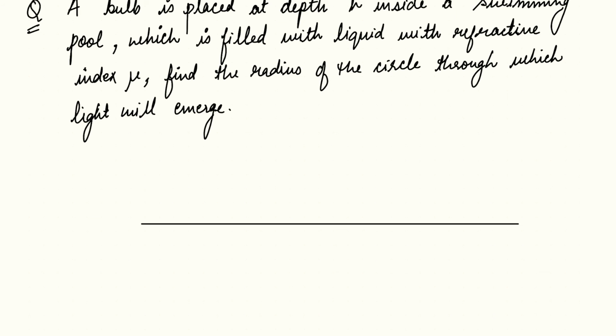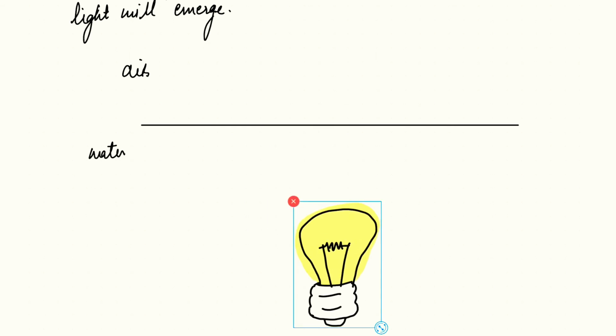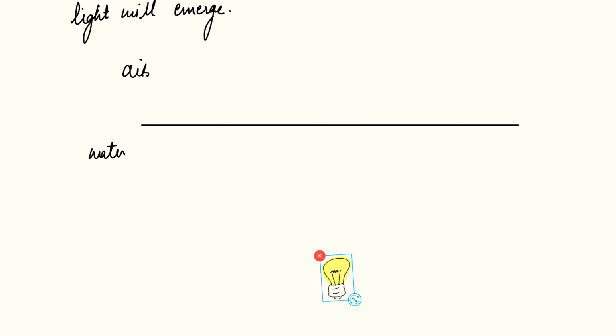So here I have air, and here I have water. Let's imagine here I have a bulb which is glowing. Okay, it's huge, let me reduce the size. So I have this bulb glowing.